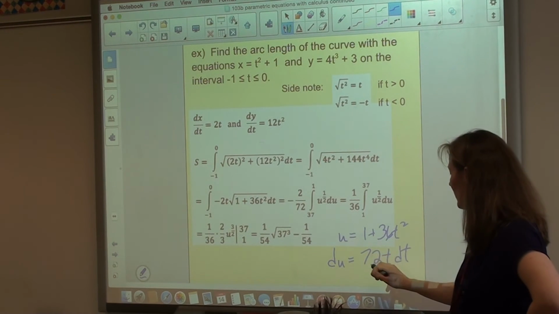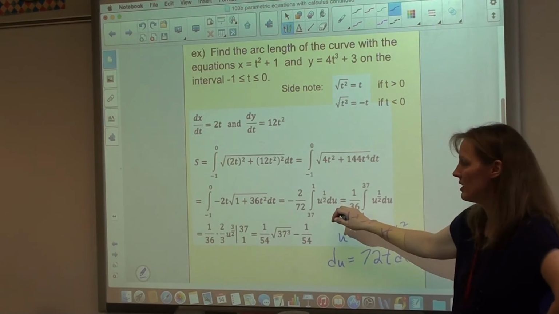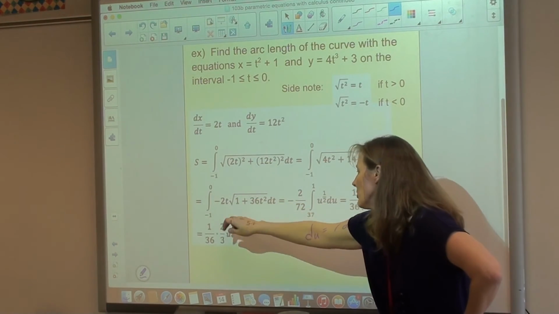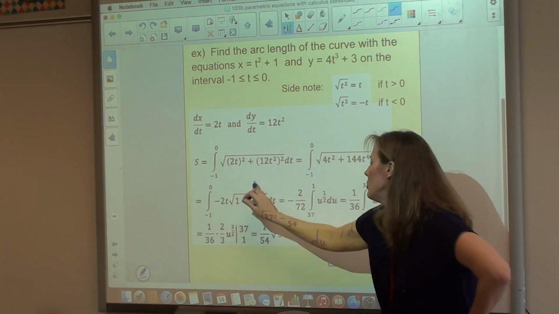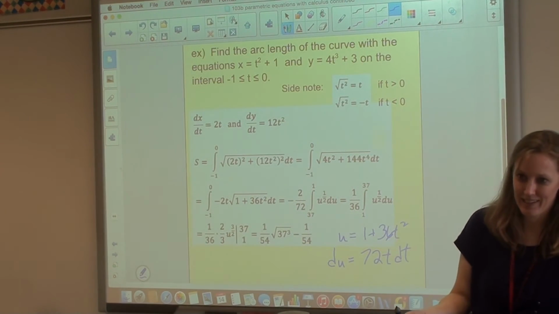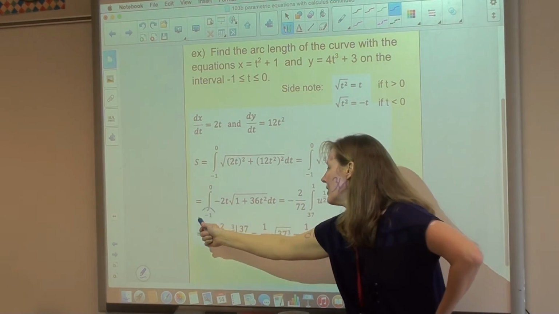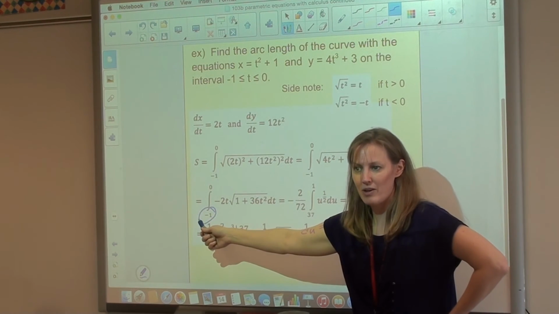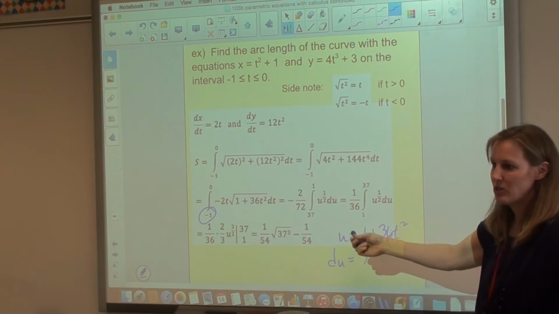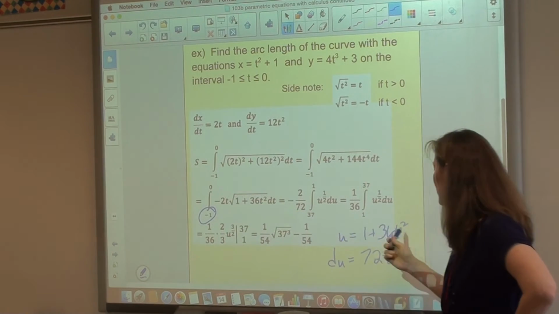I replaced t dt with 1 over 72 du, and I got -2 times 1 over 72 du, u to the 1/2. To change your limits, plug the t value in and see what u is. If t is -1, u is 37. If t is 0, u is 1.